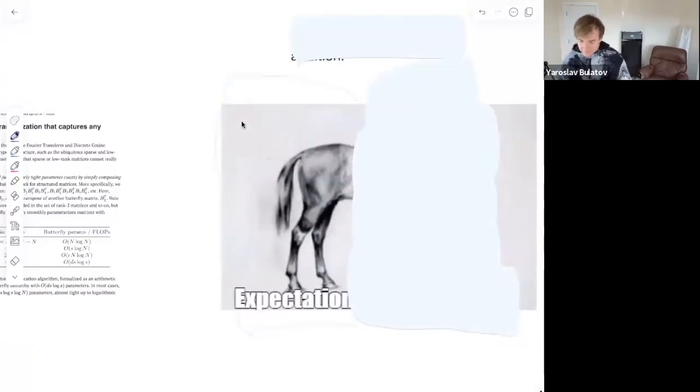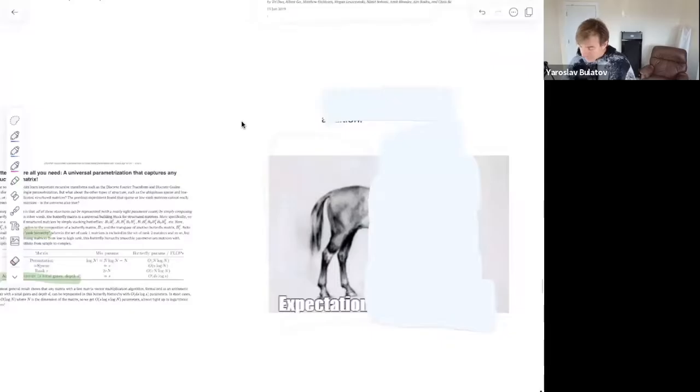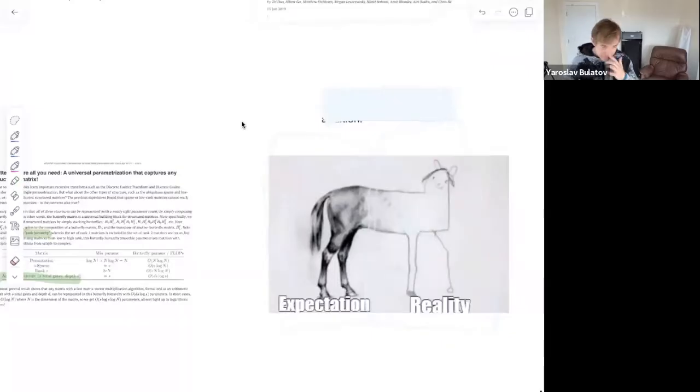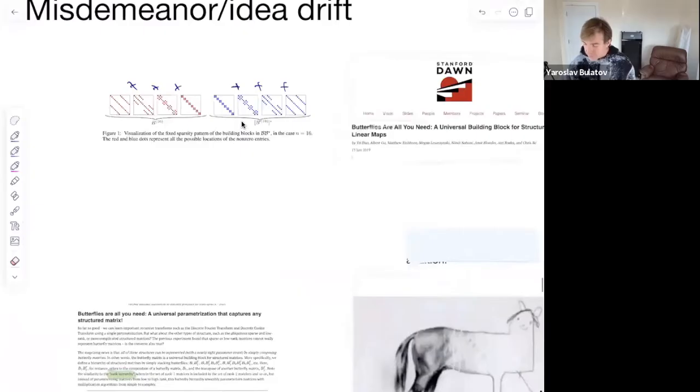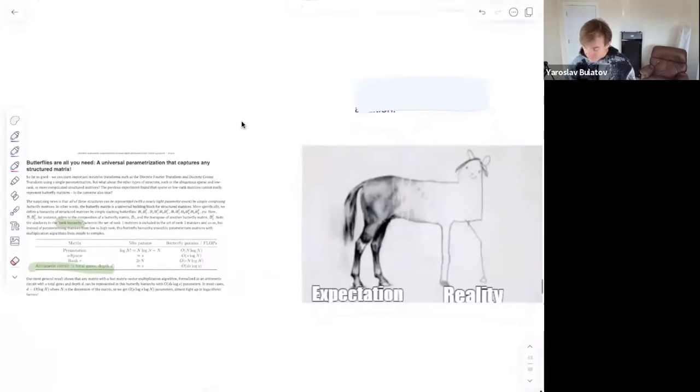So in my opinion, it's an example where you take something that's mathematically beautiful, but then to make it work, you have to drift from this idea. So even though it appears in experiments that the method doesn't work too badly, it is not the structured representation because they replaced this multiplication with addition.